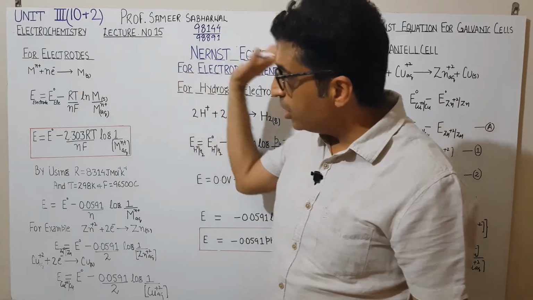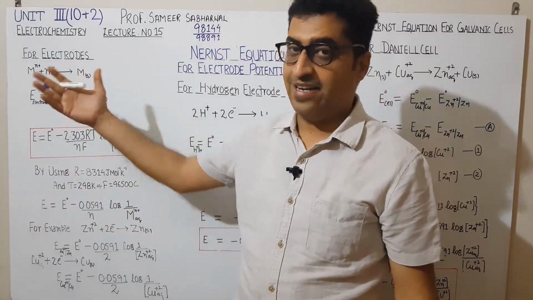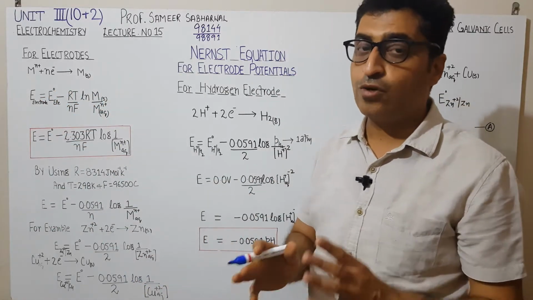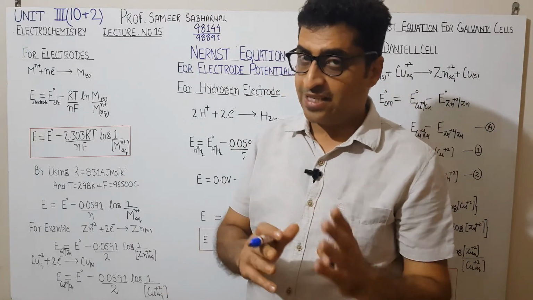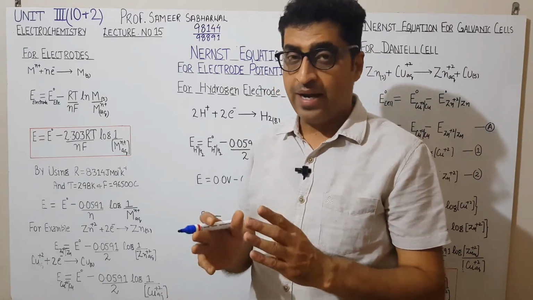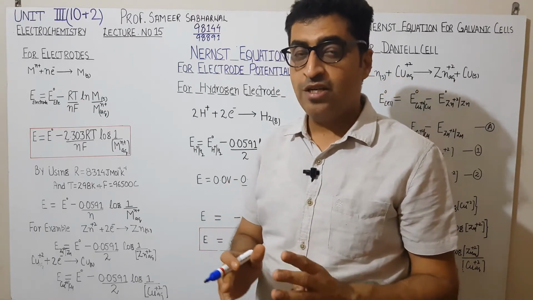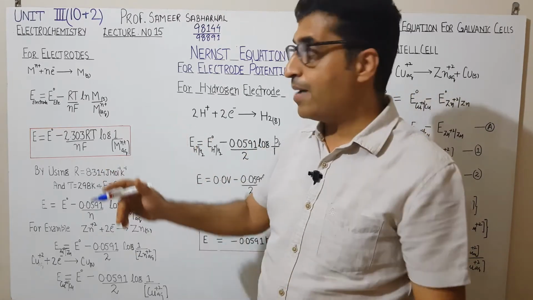So the Nernst equation simply says the electrode potential of that electrode at any concentration is equal to its standard electrode potential minus RT, R is the gas constant, T is the temperature, by n, the number of electrons transferred, F Faraday's constant, log base e of M solid over Mn positive.